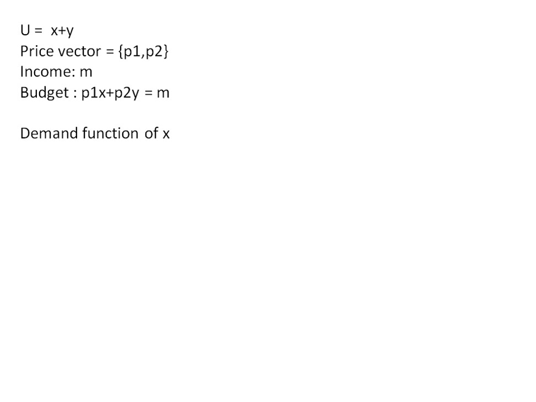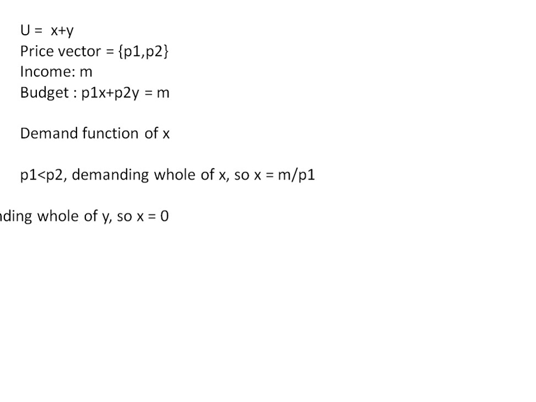So if P1 is less than P2, you'll be demanding entire X. In your budget equation, P1 X plus P2 Y equals M, you will put Y equals 0. So you will have X equals M by P1. So you'll be demanding all of X.